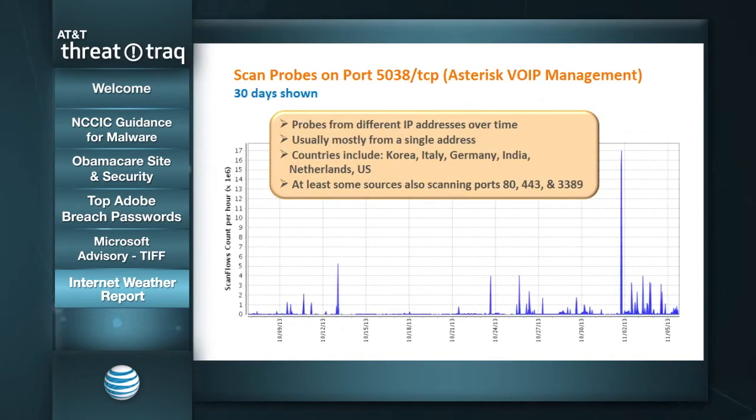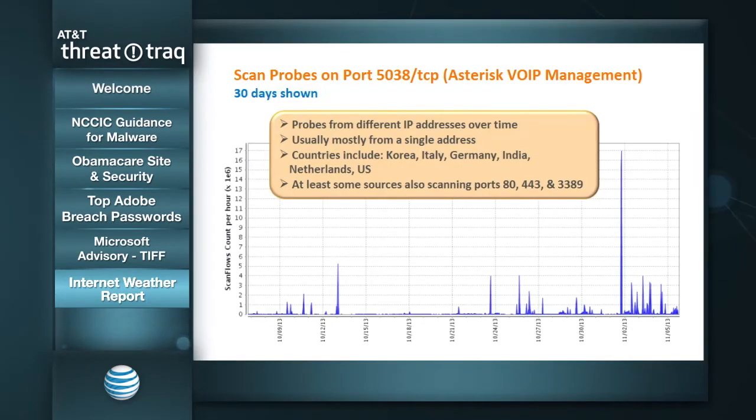And this is one where it's difficult to determine what the motivation is in many of these cases. Getting access to voice over IP systems might allow people to facilitate toll fraud activities. That's been one motivation in the past. I suspect in this particular case they're looking for basically a gateway or backdoor into enterprises.